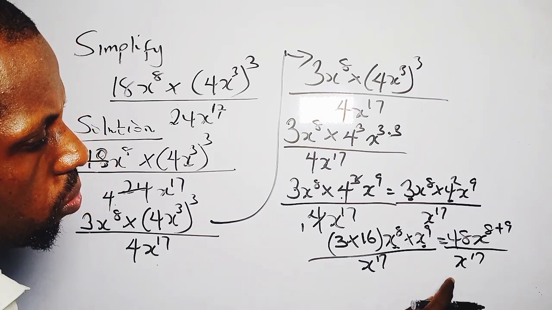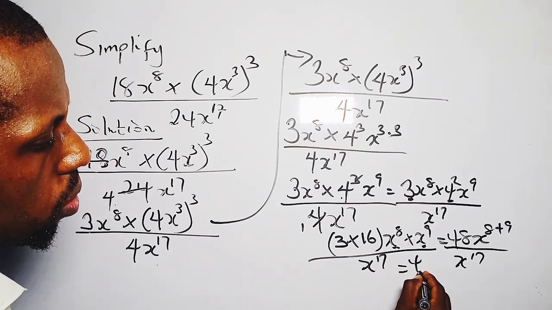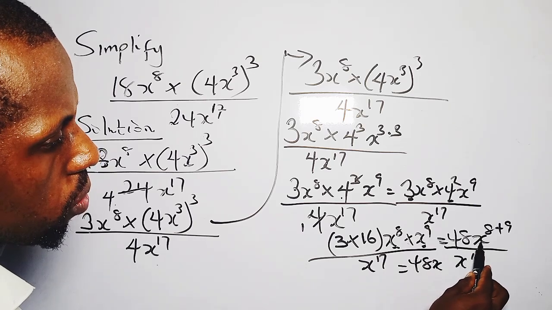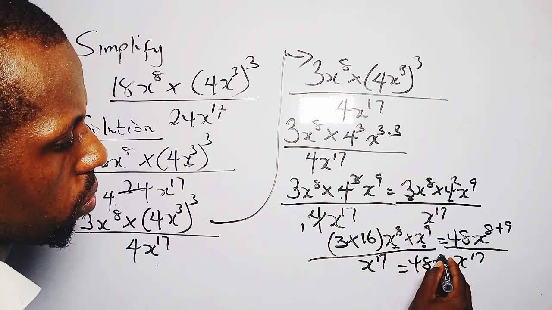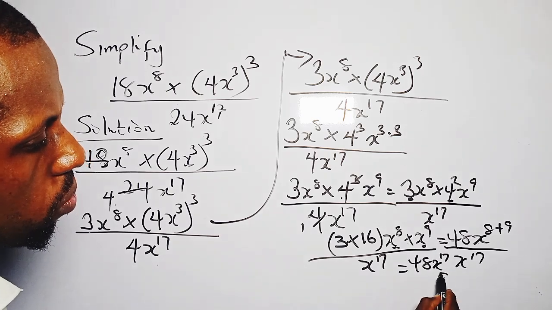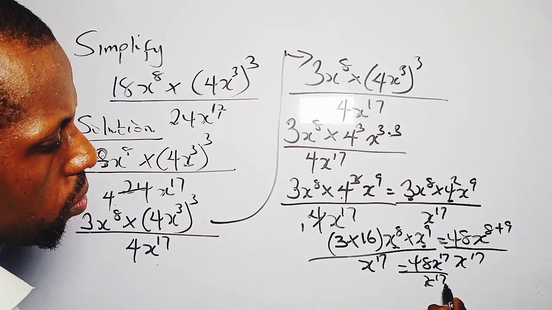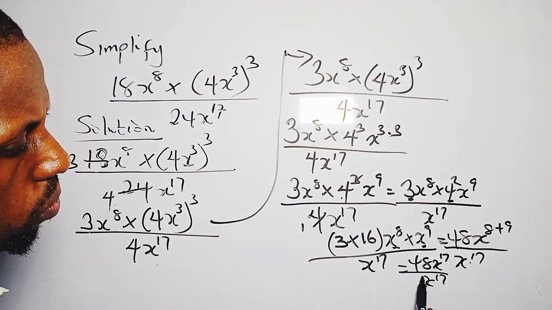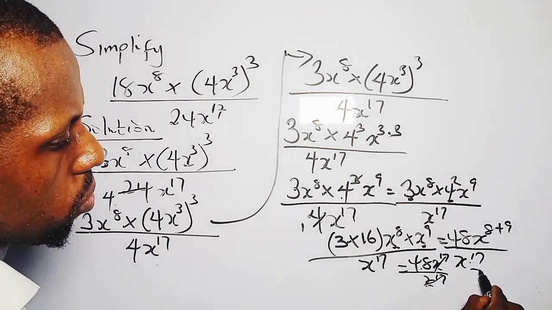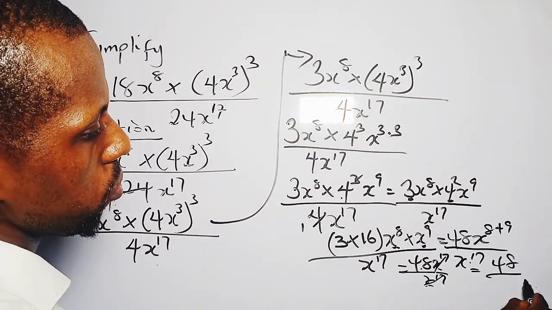Here we have 48 times x, and when we add the powers together, we have 17. That's 48 times x to the power 17 divided by x raised to the power 17. We have this in common, so this can go. So we have our result to be 48.